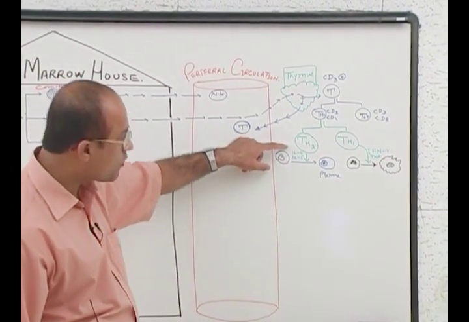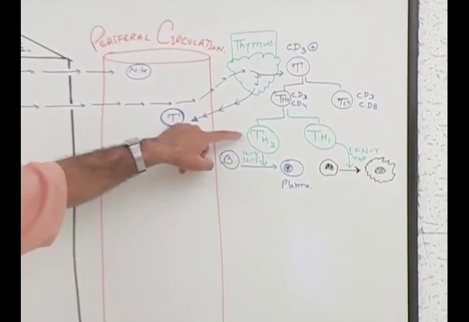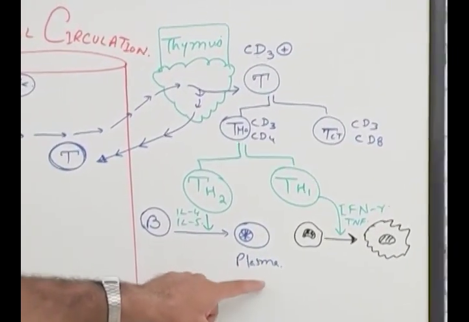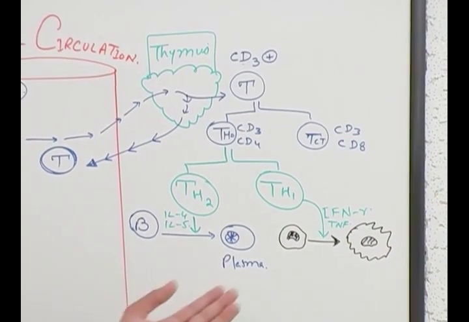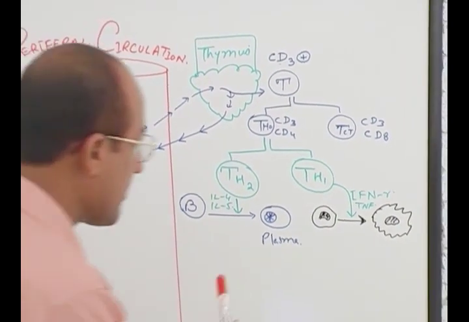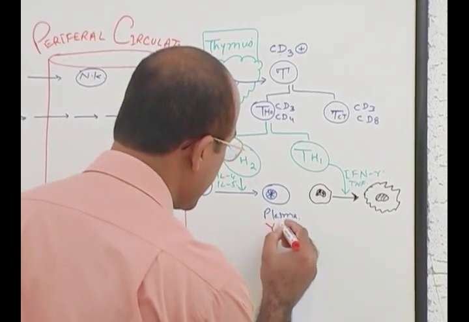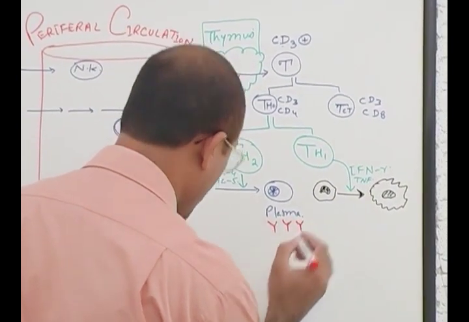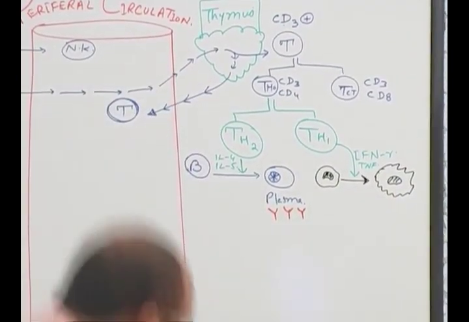So interleukin 4 and 5, which are produced by T helper 2, help the B cell to convert into plasma cell. What are plasma cells? Of course, active B cells which are actively producing antibodies.